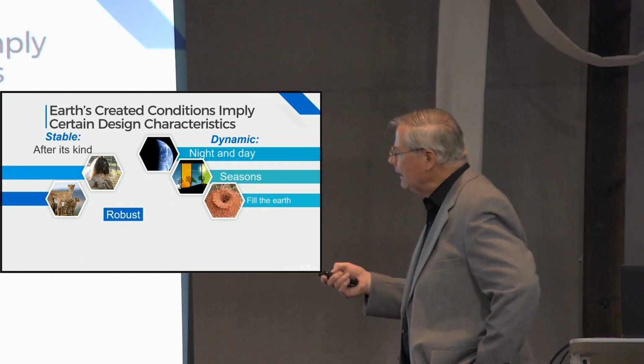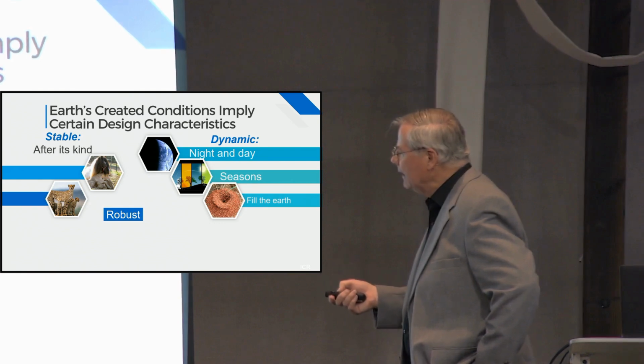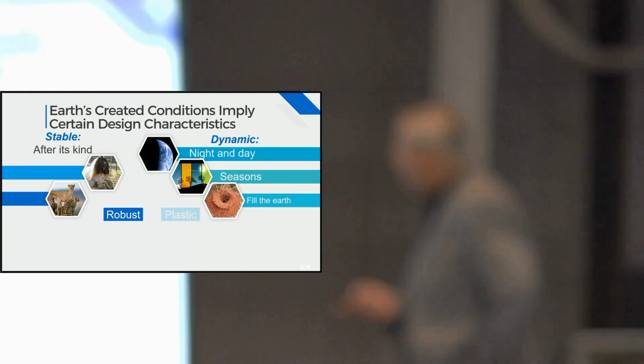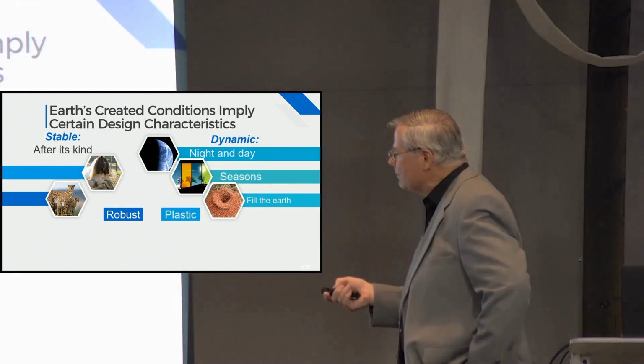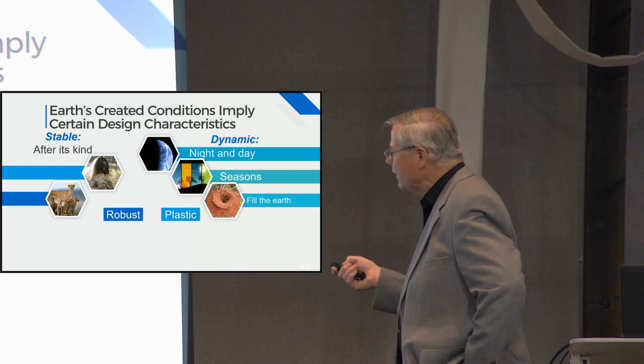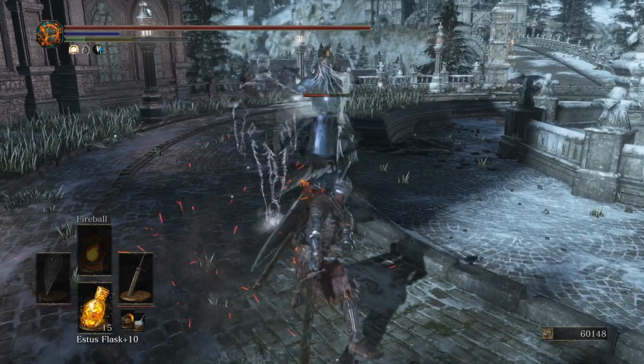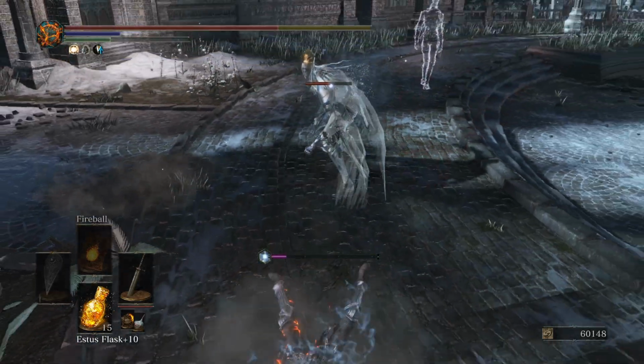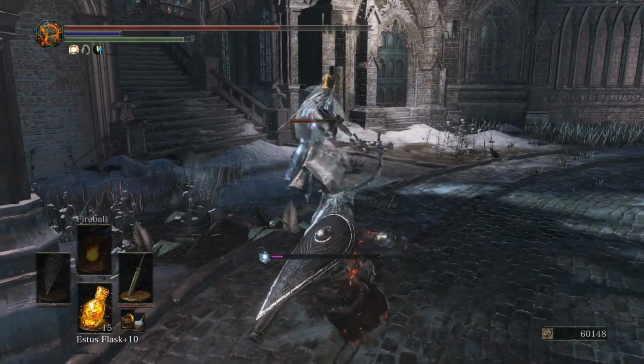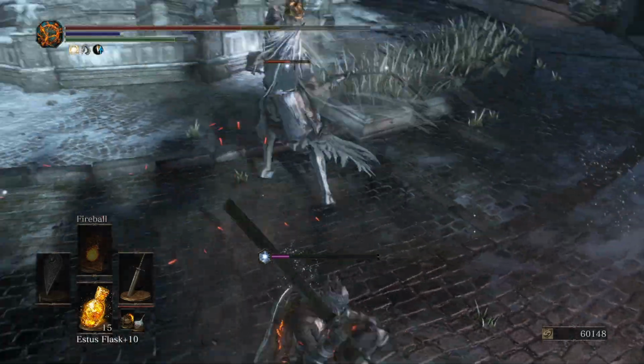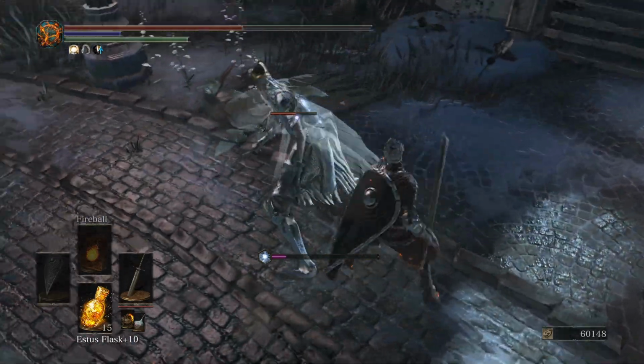They can take a licking and keep on ticking. They're robust, but they're also going to have some plastic elements, which means that they can flex. They can change with some of these environmental changes. In fact, that phenotypic plasticity is part of robustness in the broad sense, but there's also robustness in terms of being able to mutate extensively without that necessarily causing problems.